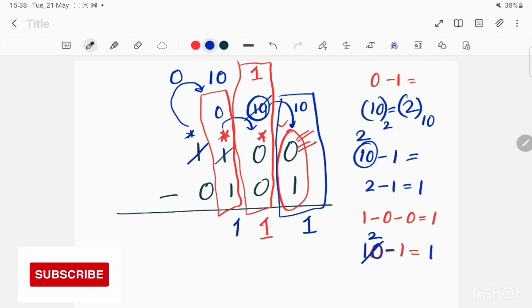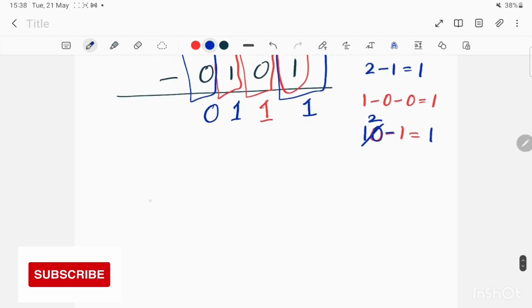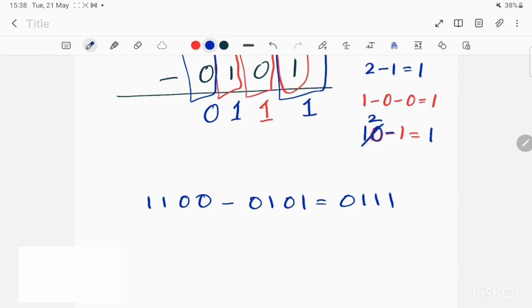So here we have 1, and here we have 0 minus 0 means 0. Now that means we got 1 1 0 0 minus 0 1 0 1 is equal to 0 1 1 1.